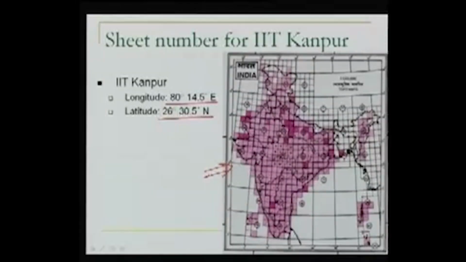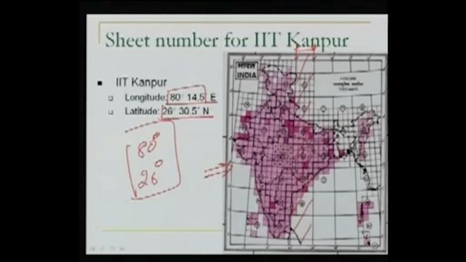This sheet has 4 degree by 4 degree blocks. If you follow 80 and 14, and 80 degrees and 26 degrees, 80 to 84 is this block. Let me shade it.